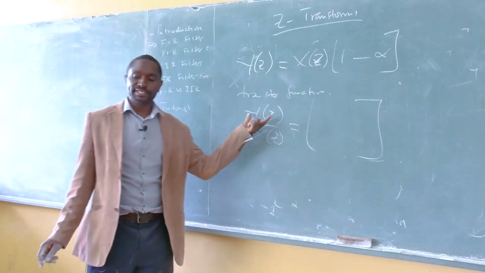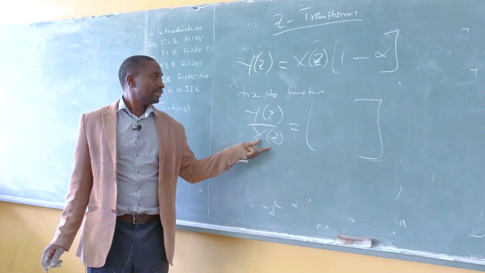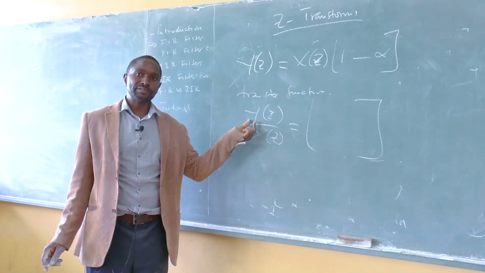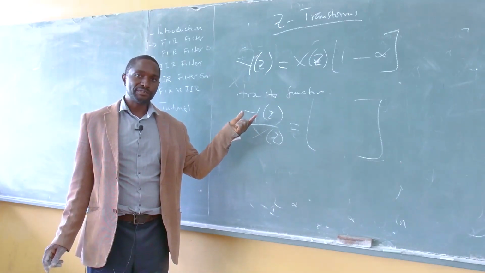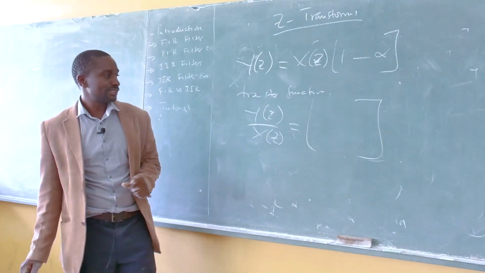So the transfer function is nothing but the ratio of the output to the input. If I know the z transform of the input and the z transform of the output, the ratio of the output to the input gives me the transfer function.